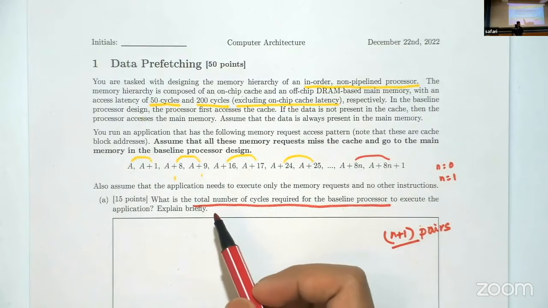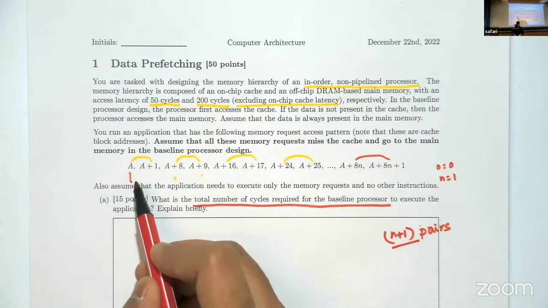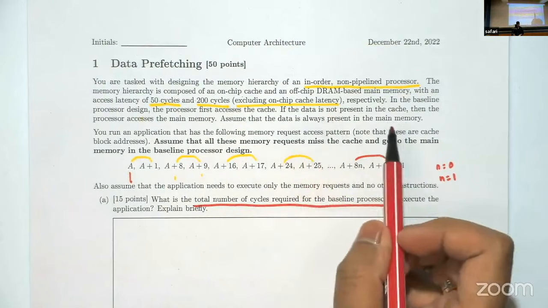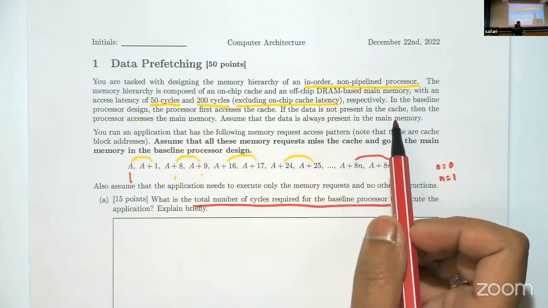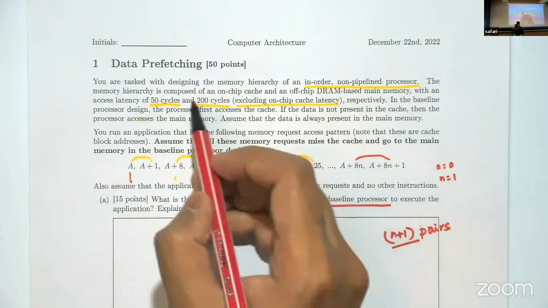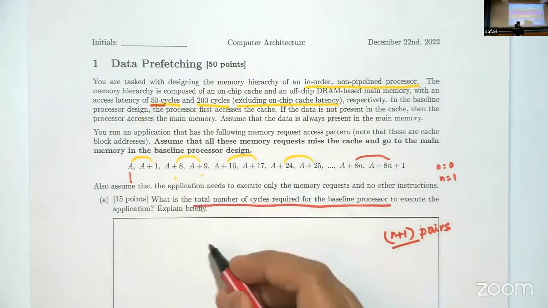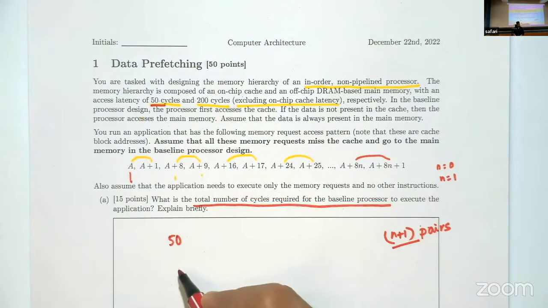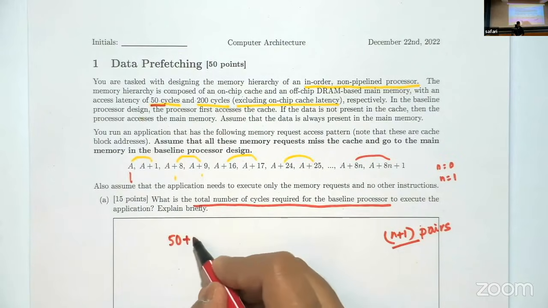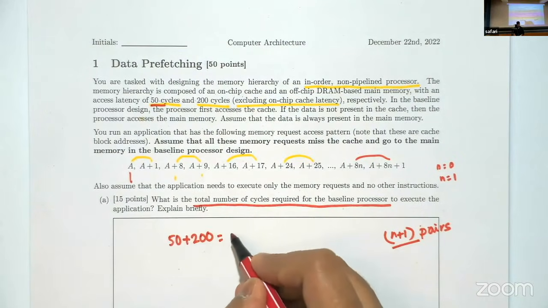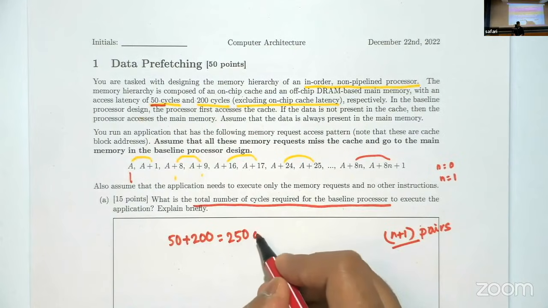Now if there are n plus 1 pairs of memory request addresses, how much time does each pair take? The first memory request, as stated, is not present in the cache, so it goes to the main memory. It first needs to access the cache hierarchy, which is 50 cycles, and then it goes to the main memory, which takes another 200 cycles. So it takes 250 cycles.